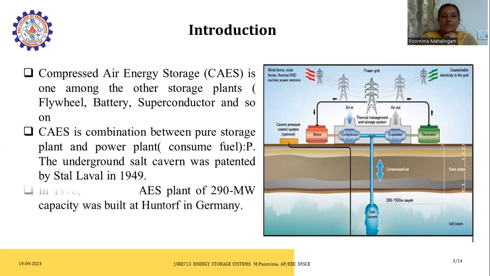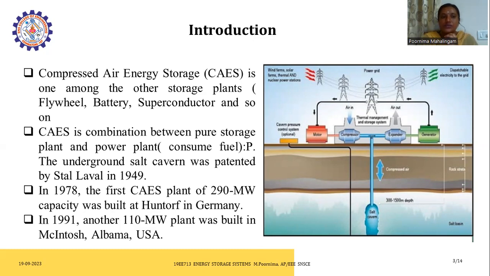In 1978, the first CAES plant of 290 megawatts capacity was built in Huntorf, Germany. And in 1991, another 110 megawatt plant was built in McIntosh, Alabama, USA.